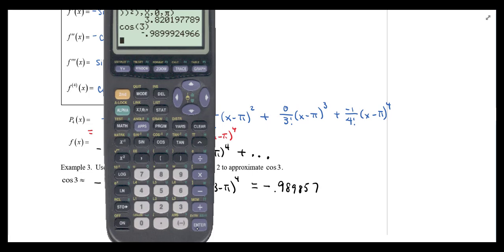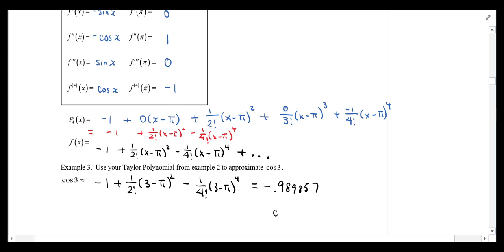I'd get an even more accurate answer. Okay? Alright, so I'll say this is pretty close to the real cosine. Right? So I'll note cosine 3 is actually negative 0.98999. Pretty close.